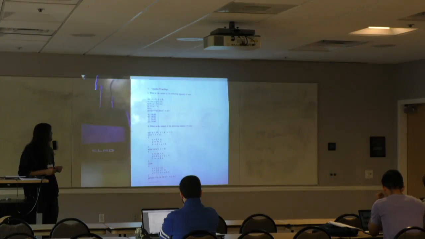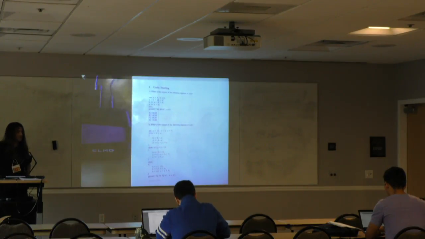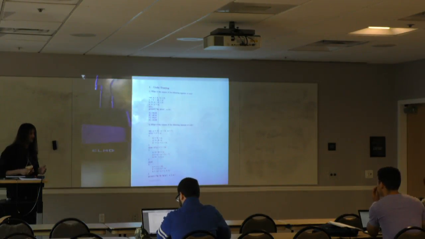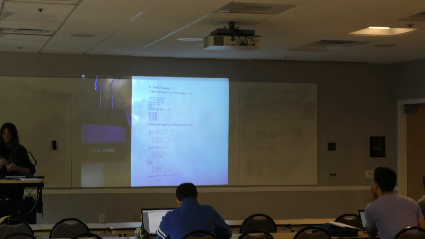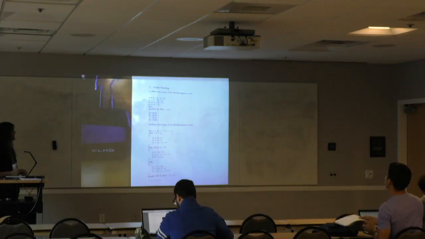So to start, we are going to start with some code tracing. You have probably seen a bunch of questions like these on exams before. In the beginning, it asks, what is the output of the following segment of code? We see a printf statement down there, so the goal of this problem is just to get the output of the code, right?